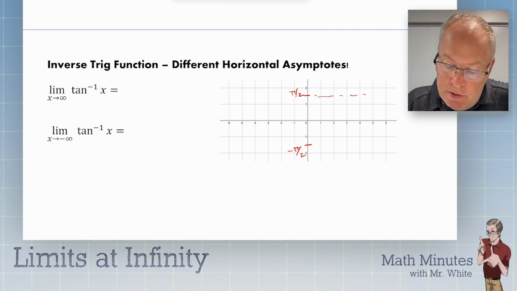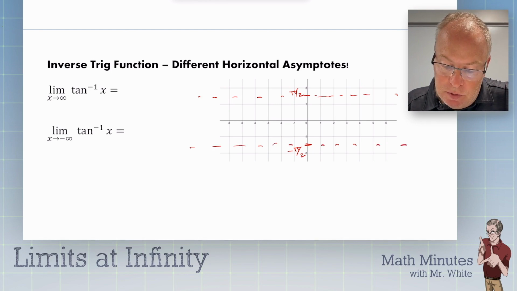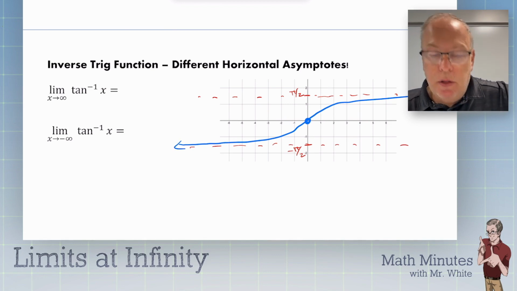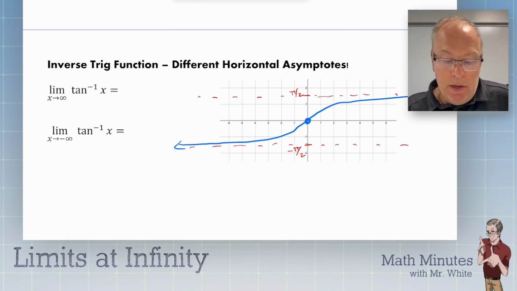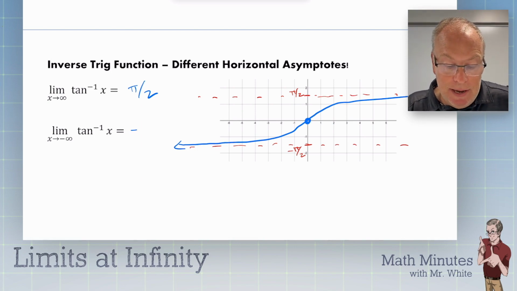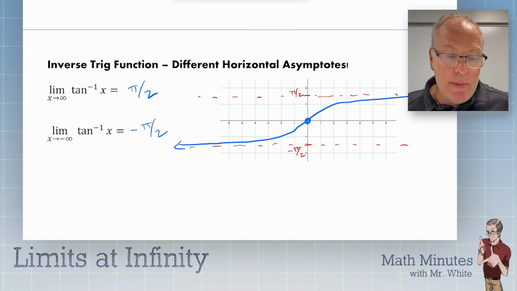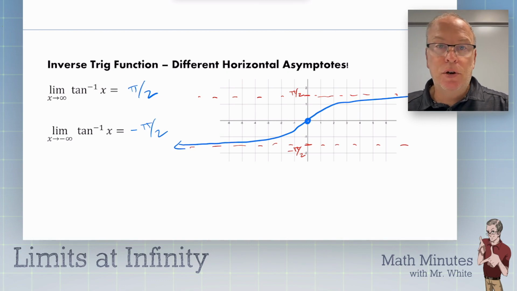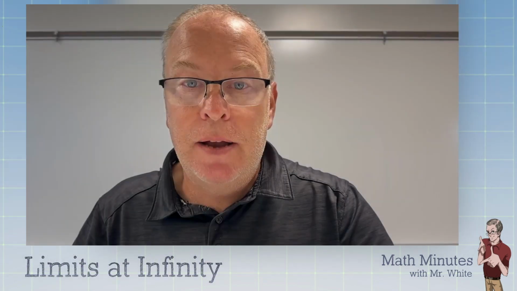So this graph is going to have horizontal asymptotes like this. It's going to go through 0, and it goes like this, forever. It gets really close to pi over 2 on the right, so that would be this answer, pi over 2 on the right, and then it has a different asymptote on the left, negative pi over 2. I thought that was a good question to show you guys, just to make sure you realize you can have different asymptotes on both sides.